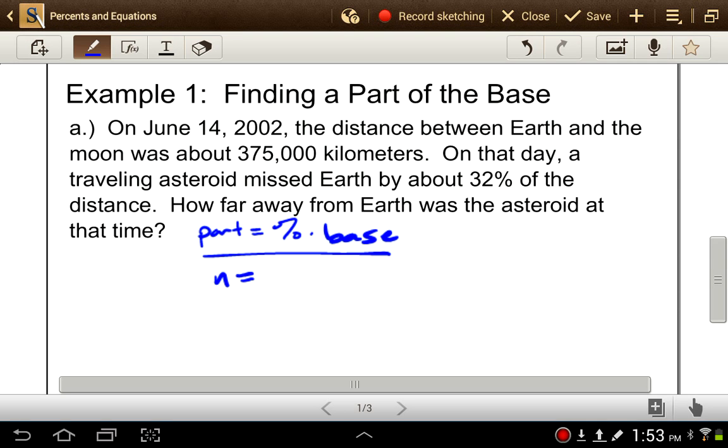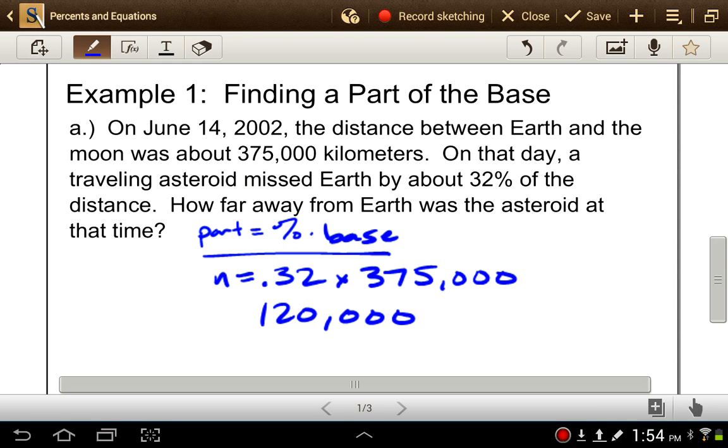N equals, my percent is 32%, so I'm going to write it as a decimal, 0.32. And I'm going to multiply that by my base, which is 375,000. These are the easy ones because they are on the same side of the equation. So all I do is take out my calculator and multiply those two numbers together, and you get 120,000.